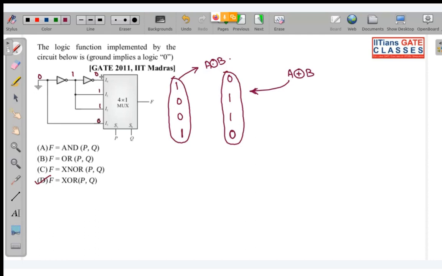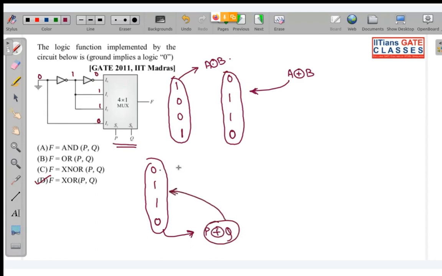So look at this input combination. That is 0, 1, 1, 0. And this is I0, I1, I2, I3. So for which logic gate do you see such kind of output? Directly how to solve this question. As there is P and Q over here, if you do P XOR Q, you will be getting your output like this. So this mux is actually giving you output as P XOR Q.